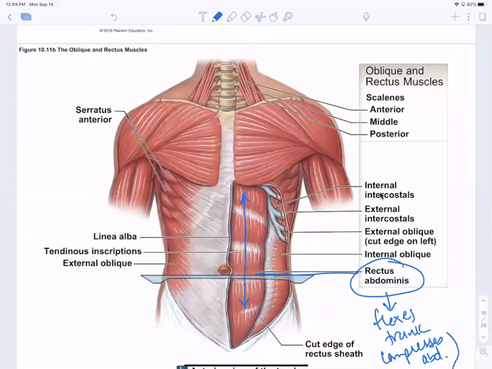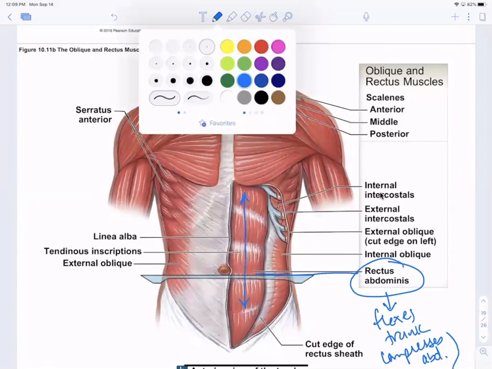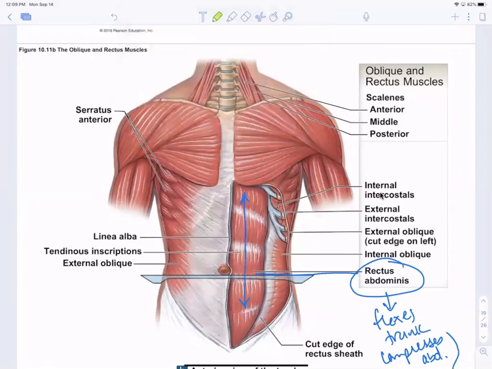But the rectus abdominis, these muscle fibers run straight up and down, and so they will bring you straight into flexion. If you want to flex and rotate, that is where the obliques come in. So these are the external obliques, and they're going to flex and rotate trunk.